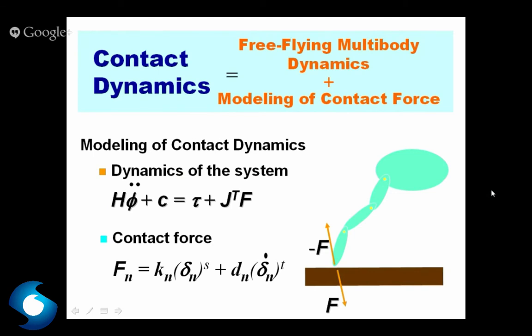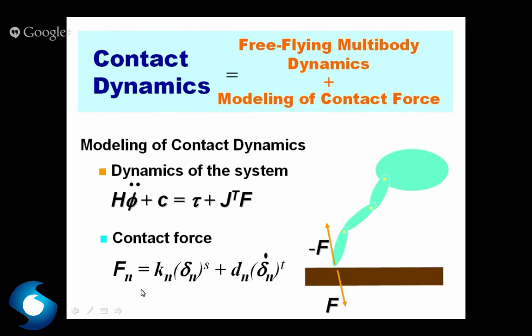But in a real situation, we have non-negligible contact time. And in this case, we need to evaluate the amount of contact force. So then the situation becomes relatively more difficult and complicated.